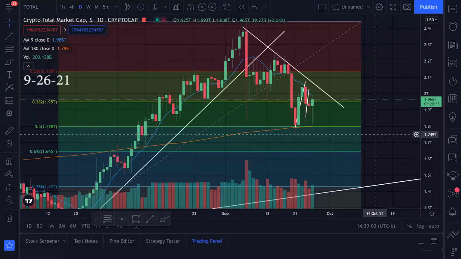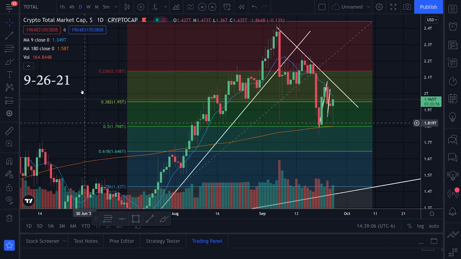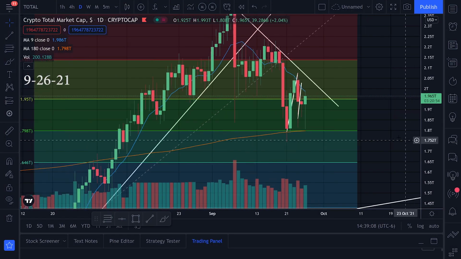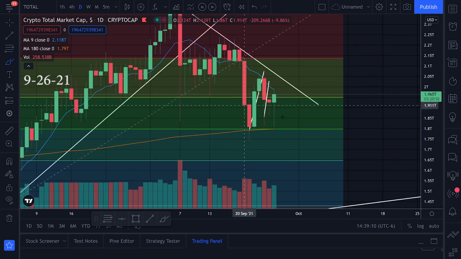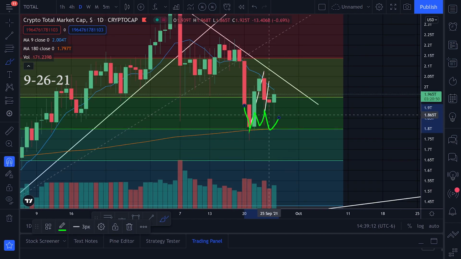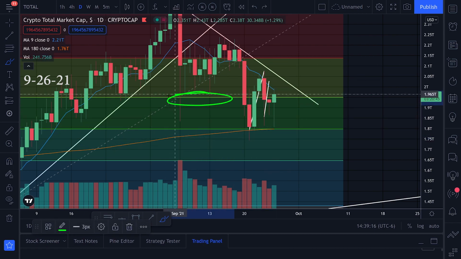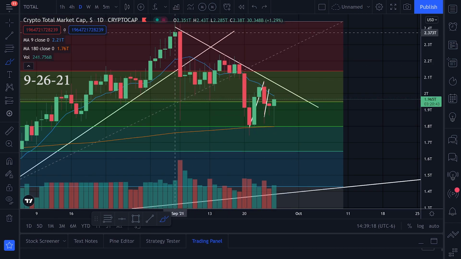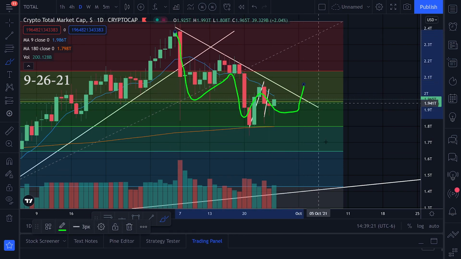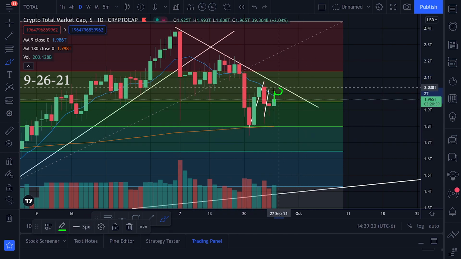I didn't know that 50% is not part of it, but the other ones are. Still, 50% is holding support, so it does look significant. And then we had support on the 38. So let's keep an eye on this downtrend and see if we could break to the upside. Let's see if we could even come up and retest it right now. It does look like we're getting resistance on that 9 moving average right here.